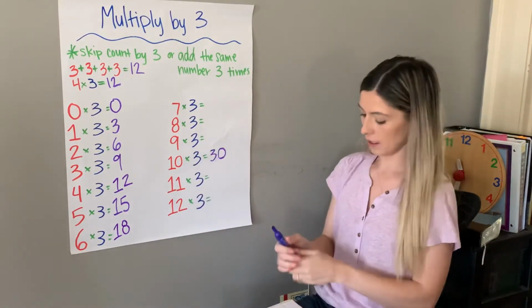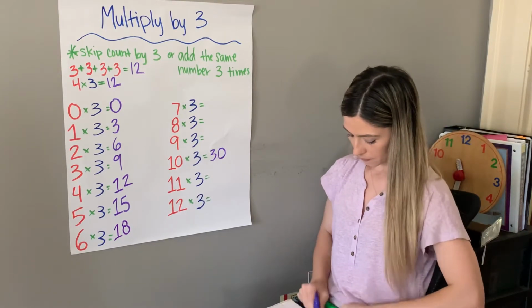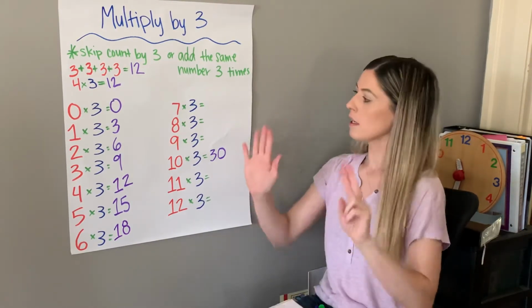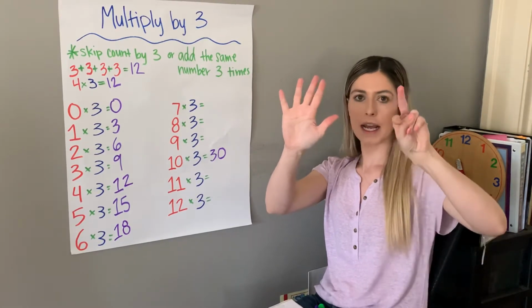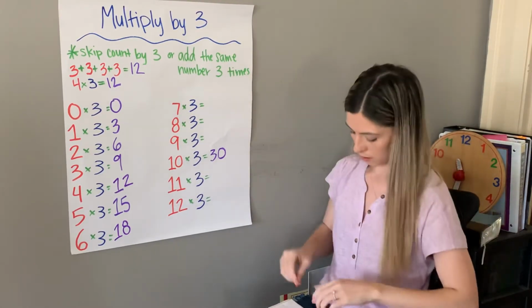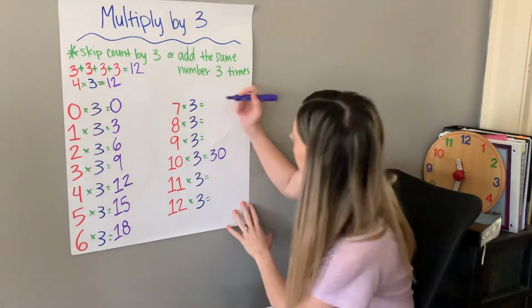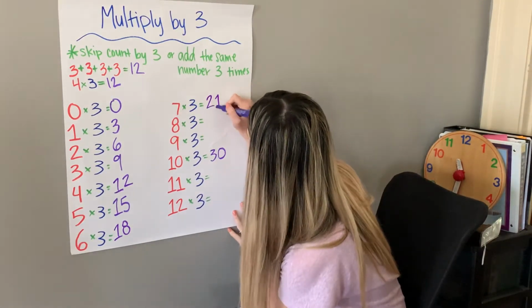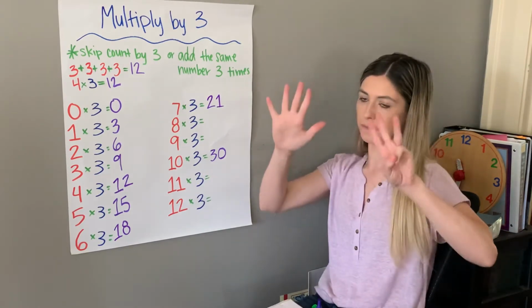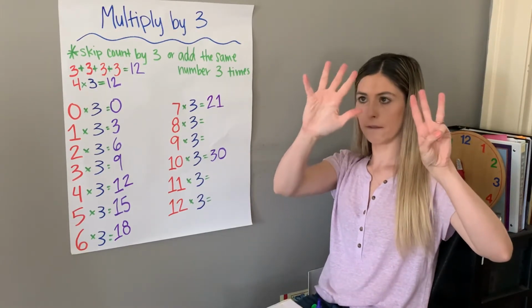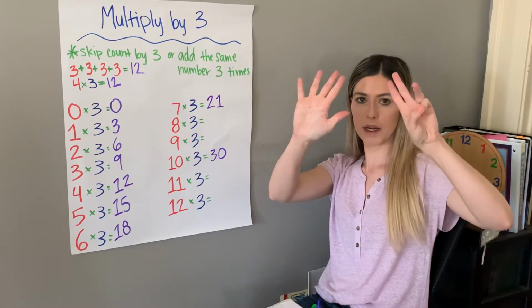And then 7 fingers counting by threes. 3, 6, 9, 12, 15, 18, 21. So we have 21. 8 times 3, 8 fingers. 3, 6, 9, 12, 15, 18, 21, 24.